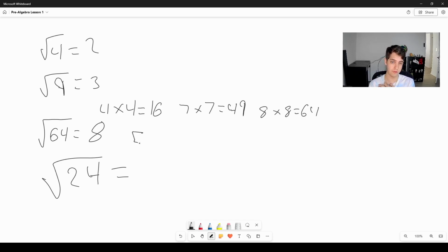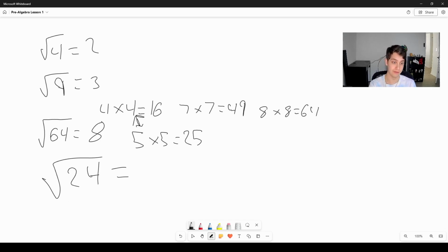The next perfect square would be 5 times 5. That's 25, which is too many. So there's no perfect square in the middle of these two values because, remember, we need a whole number for that to happen. Which means 24 is not a perfect square. So we will not actually get a rational number from this.